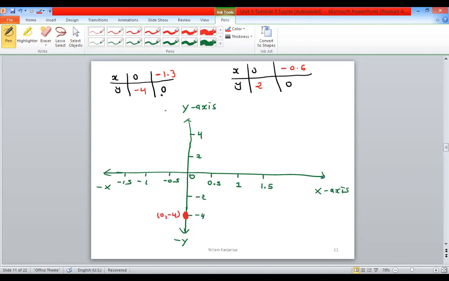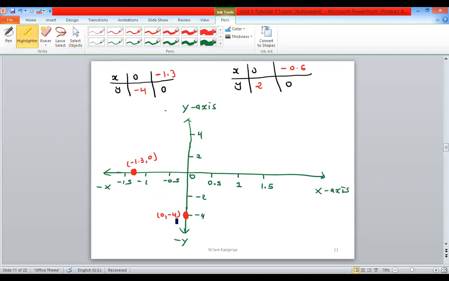Second, y is 0, x is negative, minus 1.3. This is minus 1. It may be here. Not exactly, maybe. X is minus 1.3 and 0. Just draw these 2 points. Let's draw a line using these 2 points.